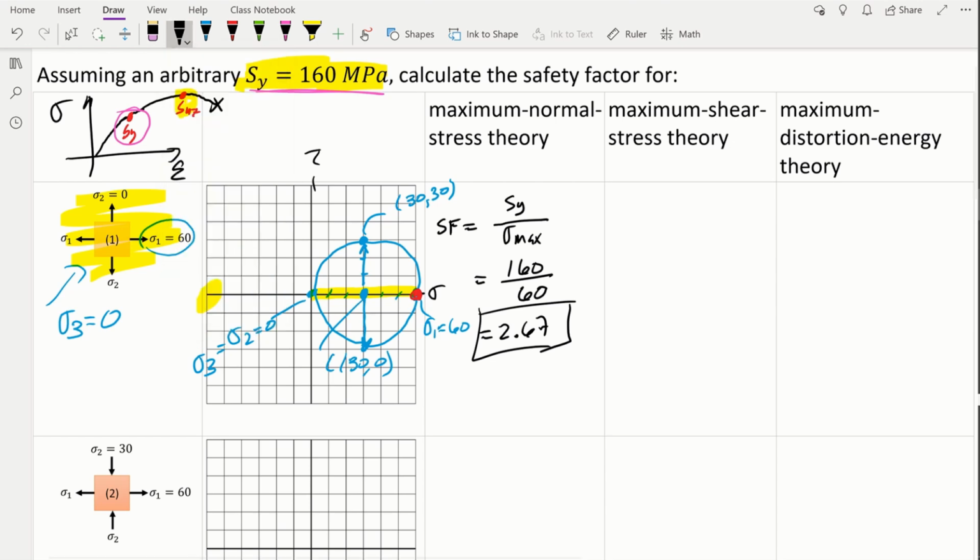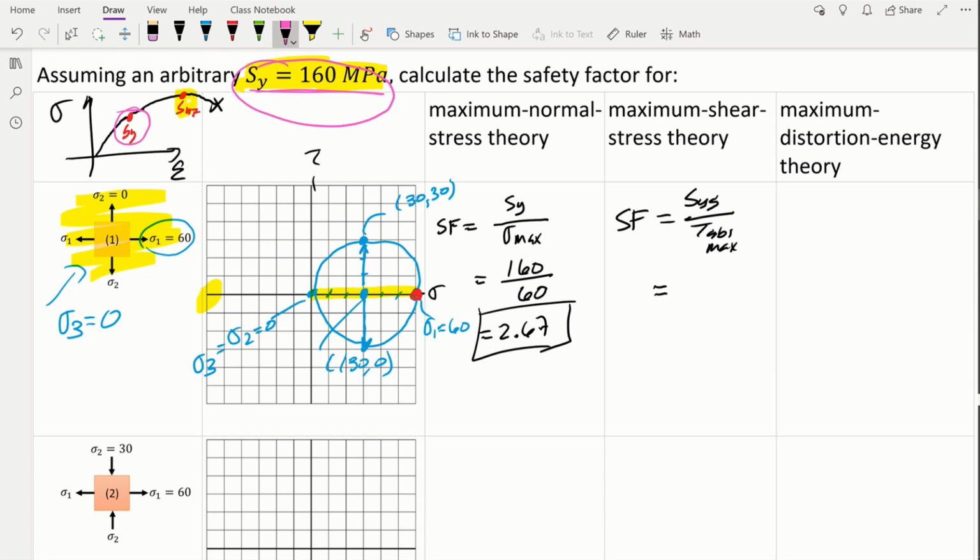So if we write the equation, the safety factor, up on top we want the shear yield strength, and at the bottom we want the absolute maximum shear stress. Now in this example, they give us the yield strength of the material, but they don't give us the shear yield strength of the material.